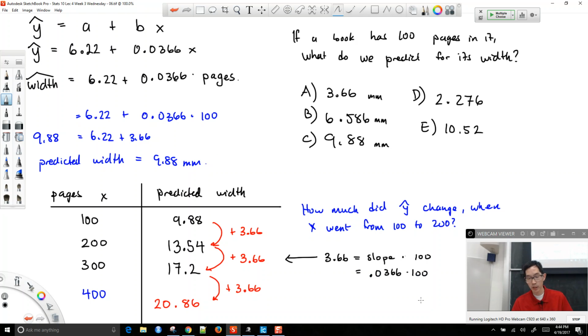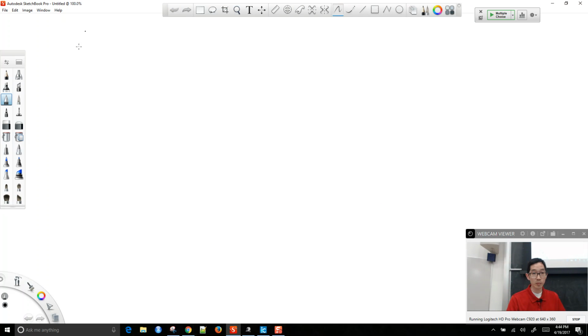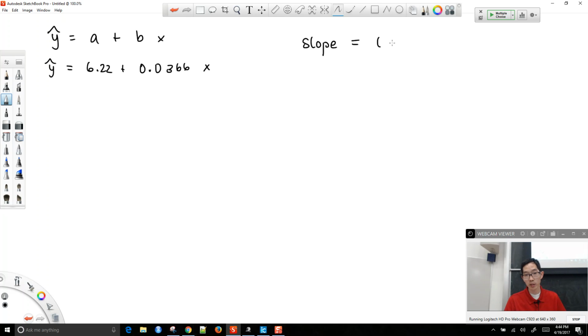And this gives us some insight into the meaning of the slope. If I flip to the next slide, what we had in our equation was y hat is equal to a plus b x, and we said y hat is equal to 6.22 plus 0.0366 times x. So my slope is equal to 0.0366.